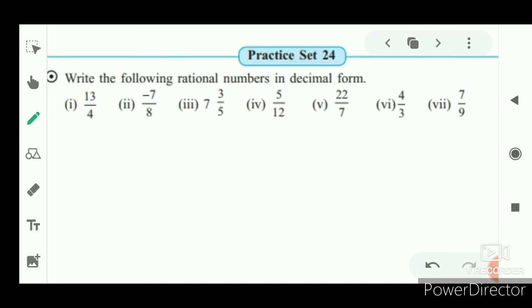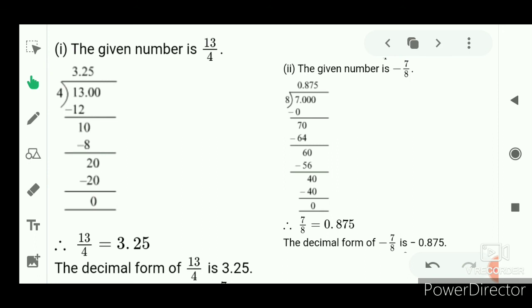The first question is 13 by 4. We have to write its decimal form, which means we have to divide 13 by 4. 4 threes are 12, then 1 is remaining. Then after that we will take a decimal point, and then 4 twos are 8, then 2 is remaining. Then 4 fives are 20.